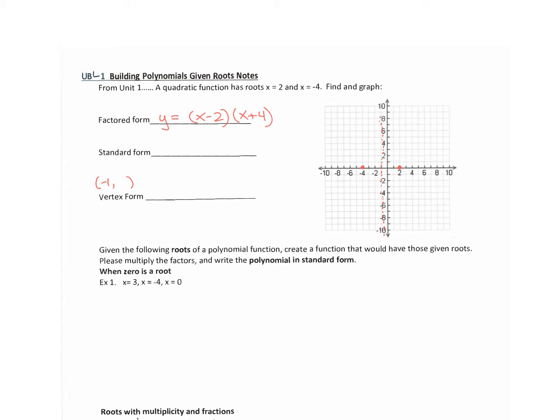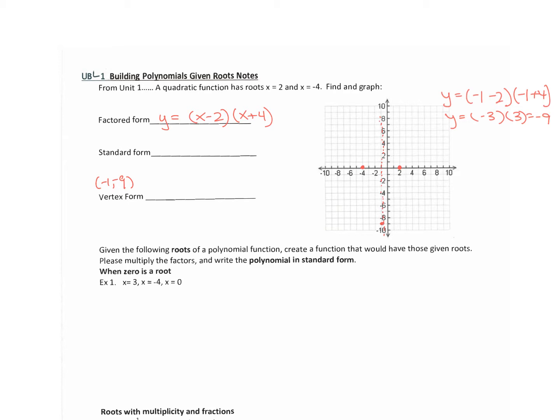So let's go find my y-coordinate. I'm going to plug it into my factored form. So y equals negative 1, that's what my x is, minus 2 times negative 1 plus 4. So I get negative 3 times positive 3, or negative 9. So my vertex is negative 1, negative 9, and I can put a dot down here at negative 9.